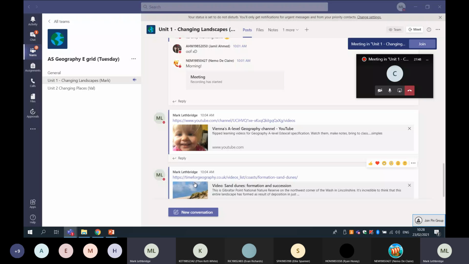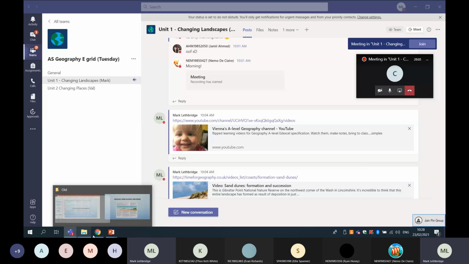Now, from that and the booklet, you should start to have a general idea of what is going on in terms of sand dune formation. And therefore, what I would like you to do is, if you have downloaded the booklet, you can use the booklet to do this, because there is a spare or blank page in the booklet for this.